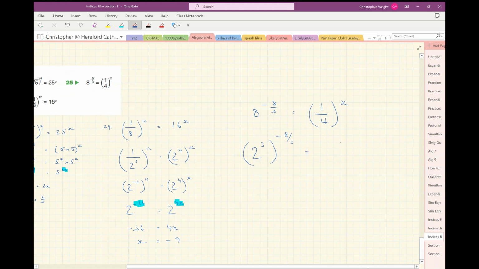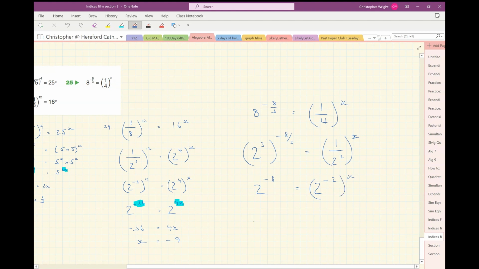And that equals 1 over 2 squared to the power of x. Well, 2 cubed to the power of minus 8 thirds is 2 to the power of 3 times minus 8 thirds, minus 8. And this is 1 over 2 squared, which is 2 to the power of minus 2. And I'm going to put that to the power of x.